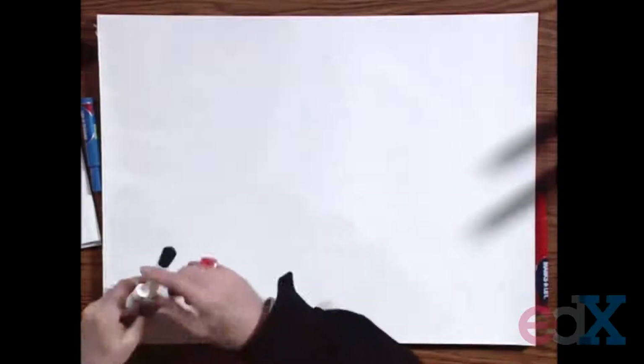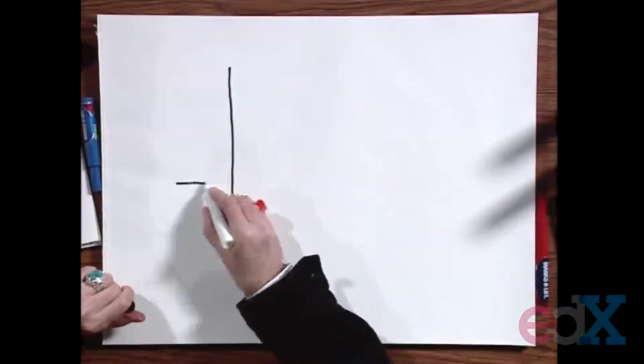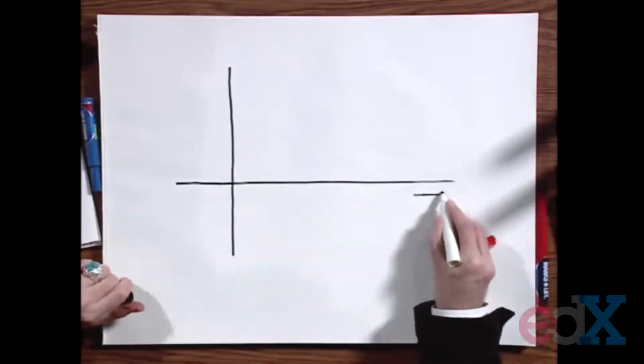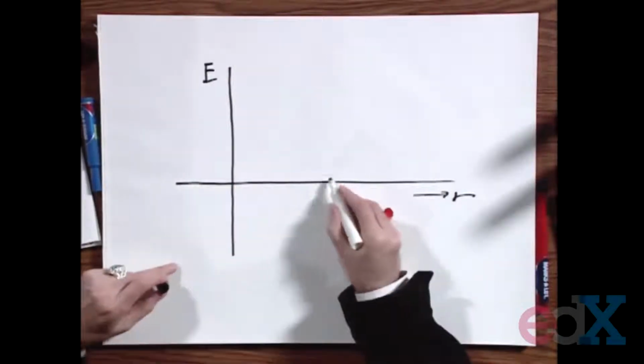I would like to make a drawing, which is very useful, I think, of the electric field. I don't think you're being asked to do this, but it's always very useful. The electric field as a function of distance r from the center.